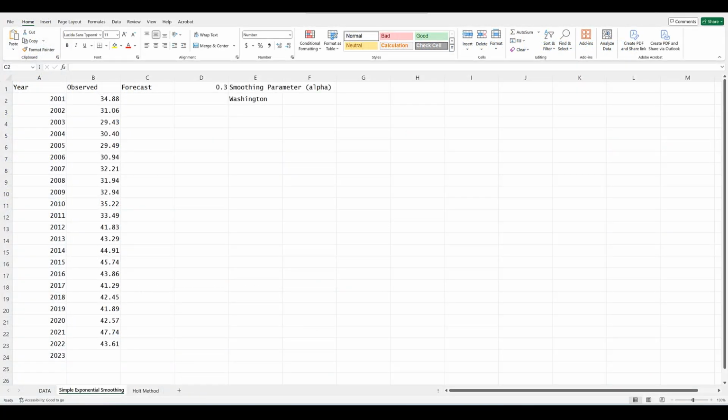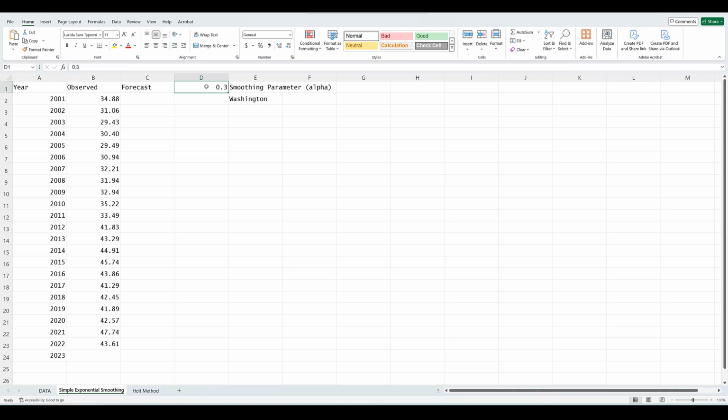Now let us look at how we are actually implementing the simple exponential smoothing method in Excel, and note that you have the description on the slides. I have already done the core setup here in the sense that I have the observed values in column B. And then I also have the forecast where I'm going to calculate the forecasted values. And I have picked the smoothing parameter alpha to be 0.3.